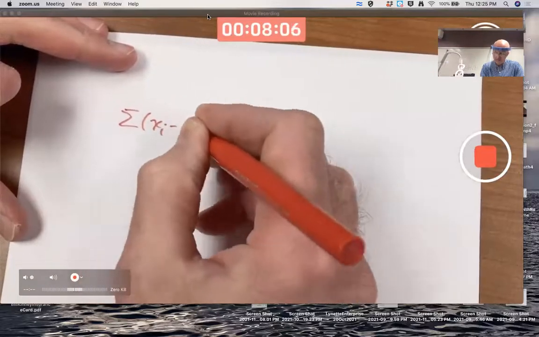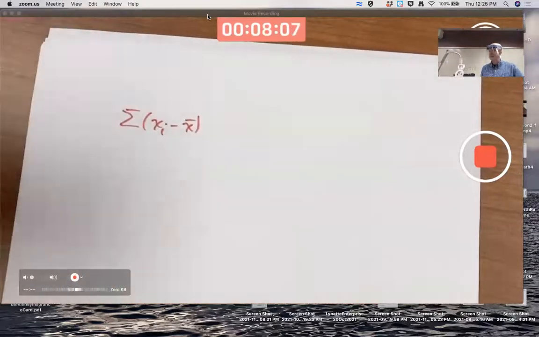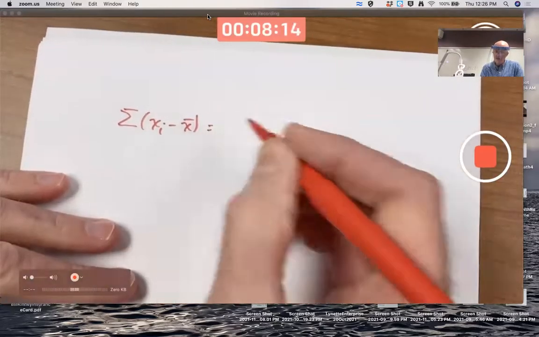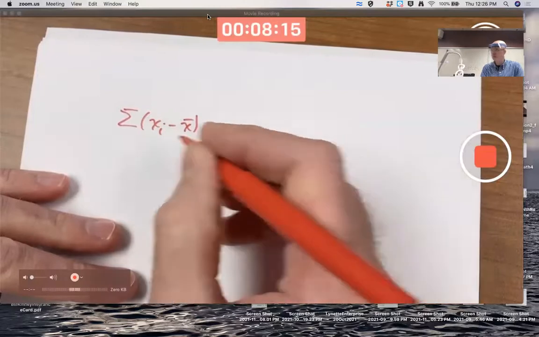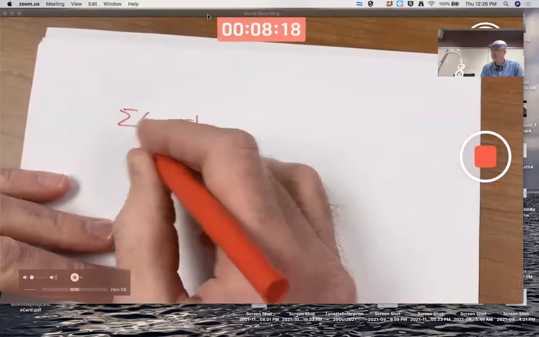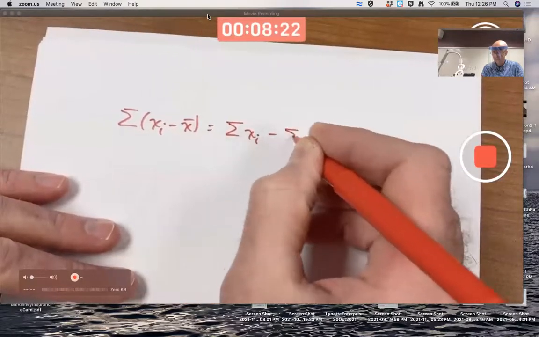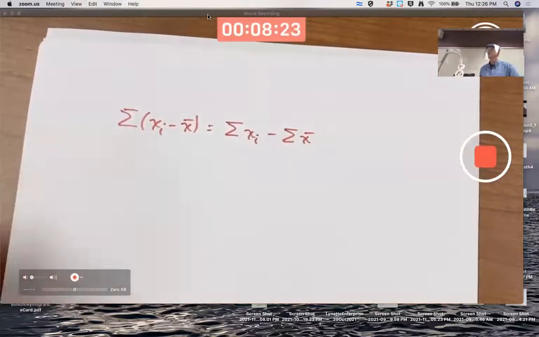I won't bother putting the i goes from 1 to n here. That's assumed to be the case. Verification here is just to use a property of summations that you can essentially distribute the summation sign through, like that.